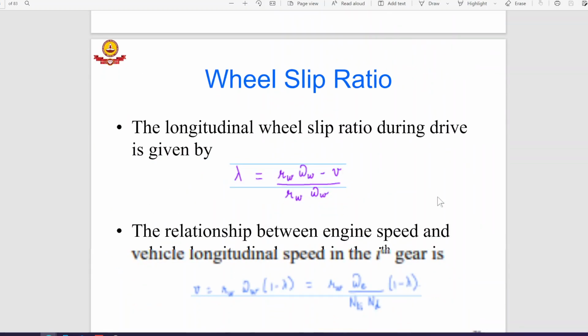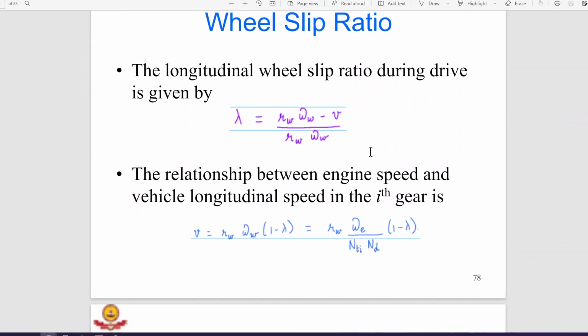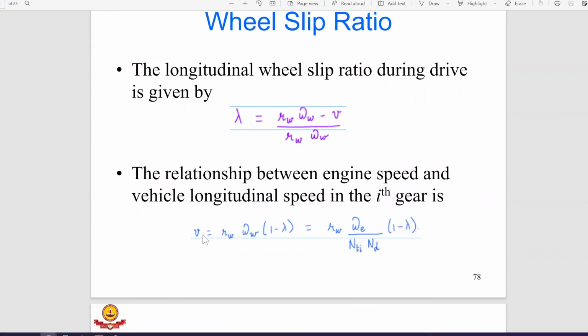Okay, then we have something called wheel slip ratio, which during drive is defined as R omega minus V by R omega. The relationship between the engine speed and the vehicle longitudinal speed in the ith gear is given as this. So we are essentially rearranging the equation written above. If we rearrange this equation, we get V in terms of radius, wheel speed, and wheel slip ratio.